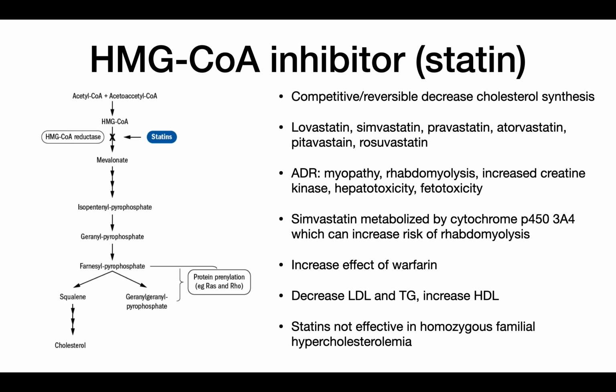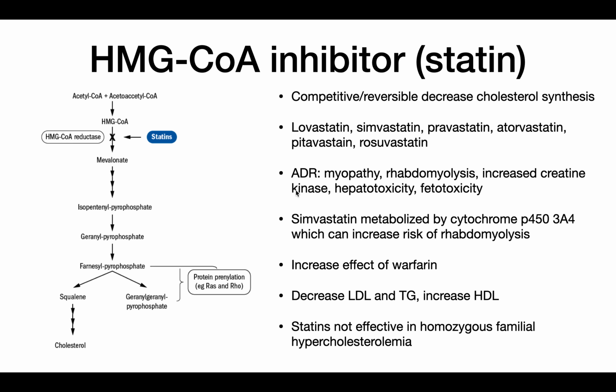So the HMG coenzyme A inhibitors are your statin drugs. These are your competitive and reversible drugs, and they decrease the cholesterol synthesis right here. So they're going to inhibit HMG coenzyme A reductase. Here are the examples. The one that you need to be paying attention to is atorvastatin.